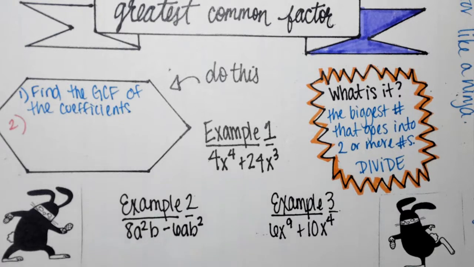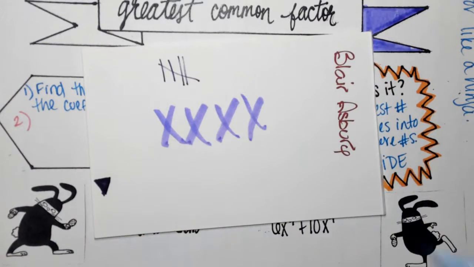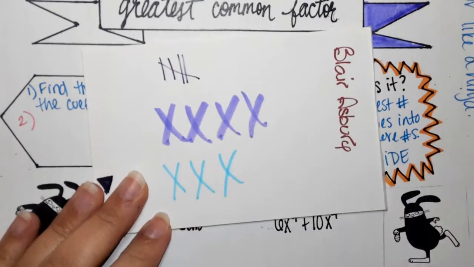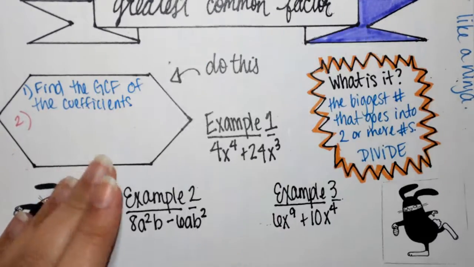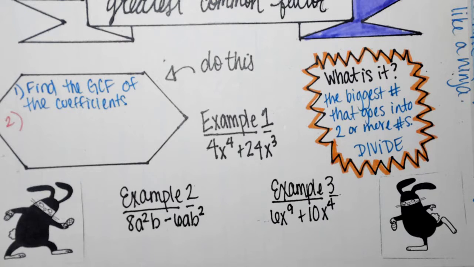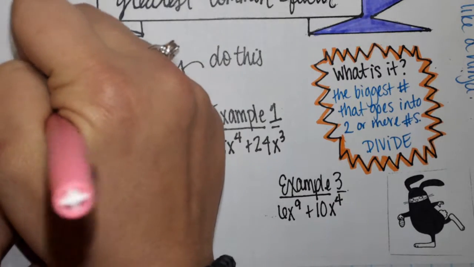The lowest one is 3. And if I have 4 x's, and then I have 3 x's, how many do they have in common? 1, 2, 3. Alright, so step 2 is take the lowest exponent of the variables.